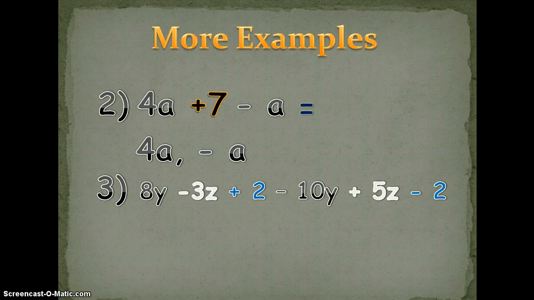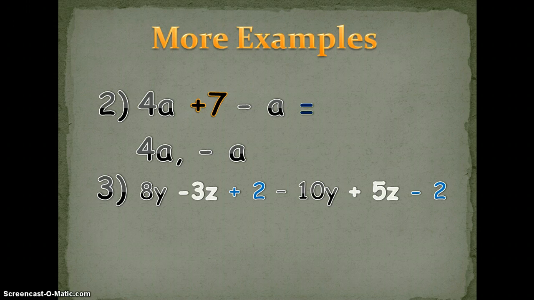Now what you have to do is go back to our integer rules to combine the coefficients of the like terms. We have a positive 4, and there's not a number in front of the a. So we have to think of what number goes in front of the a. And I believe we've discussed this before: if you do not see a number in front of a variable, it's a 1.